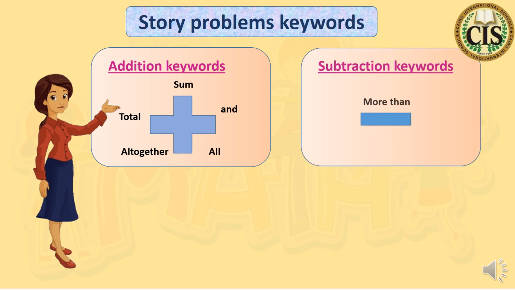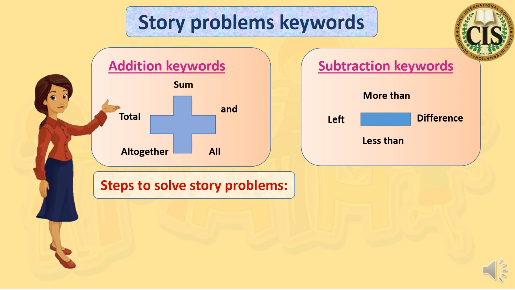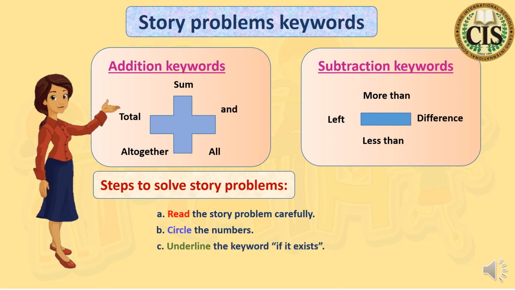While subtraction keywords are more than, less than, difference, left. Steps to solve a story problem. Step number 1, read the story problem carefully. Step number 2, circle the numbers. Step number 3, underline the keyword if it exists.